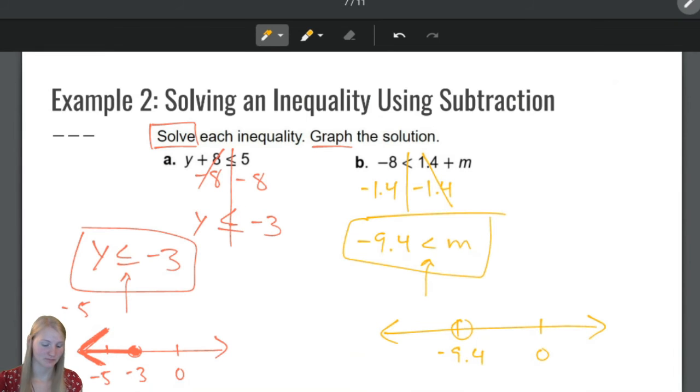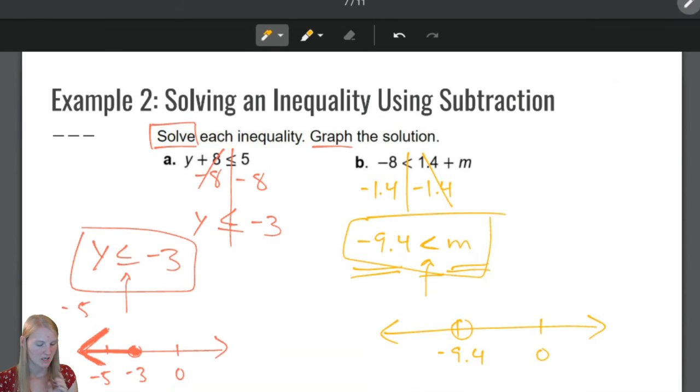Well, m is bigger than 9.4. Or excuse me, negative 9.4. Negative 9.4 is less than m. We can also think about this as m is bigger than negative 9.4. So you can read it left to right, or you can read it right to left.